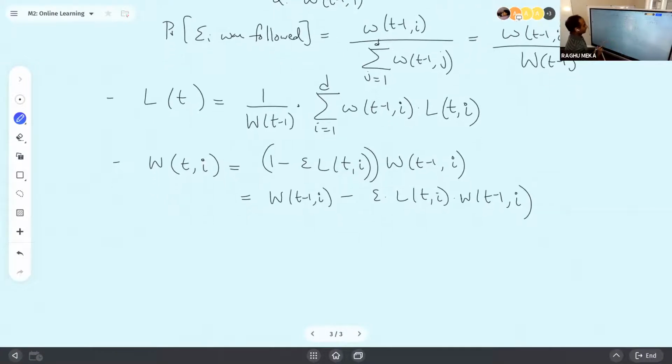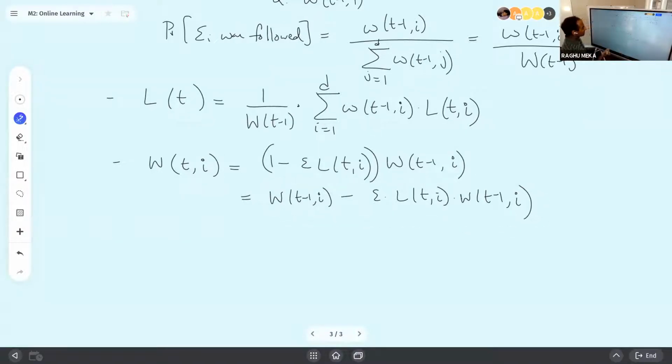All right. So what can I do now? Any suggestions? So my goal is to relate how the weight changes to the loss that the algorithm incurs. So I have this equation relating my loss to how the weights were on the previous day, and here I have an equation for how the weights are evolving, right?